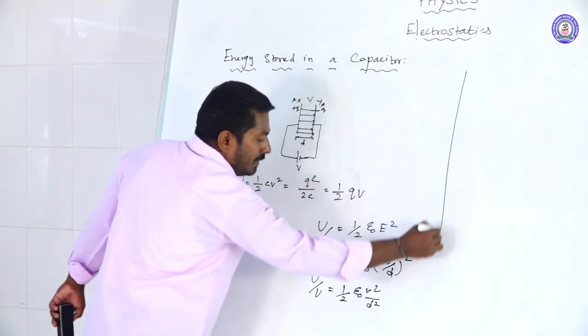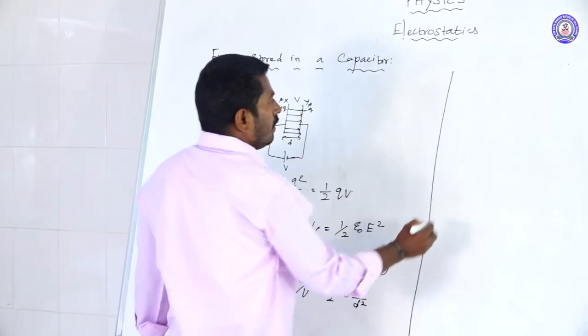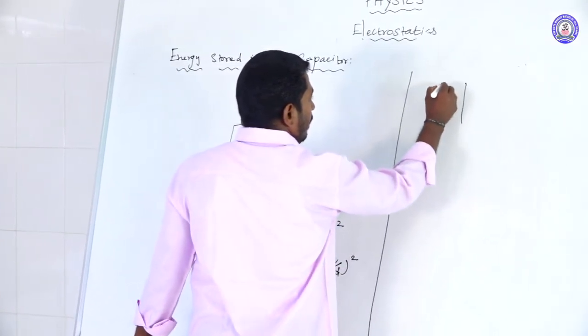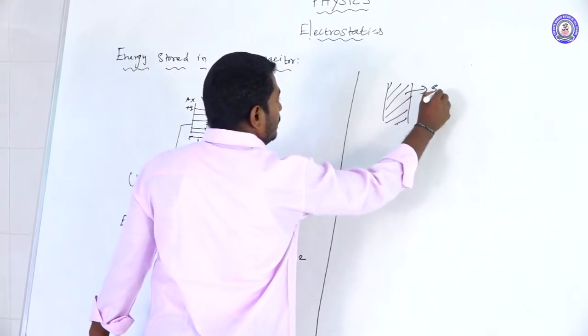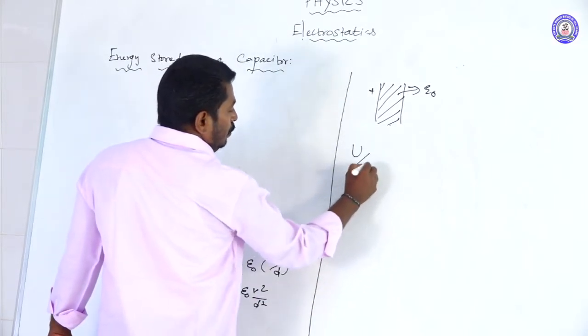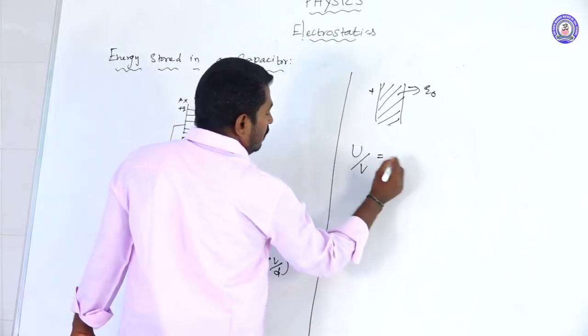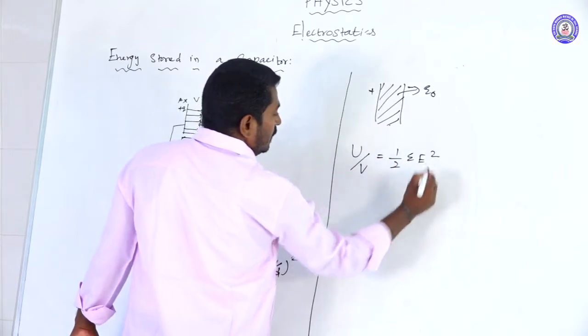Then if the entire space is filled with a medium of dielectric constant K, the energy density U divided by V is equal to half epsilon E square.